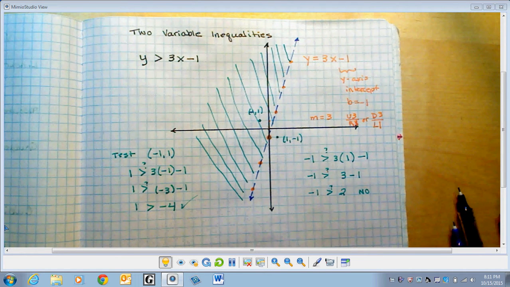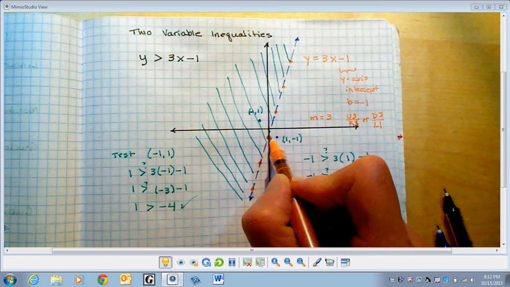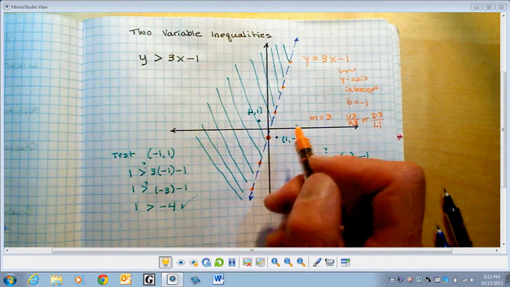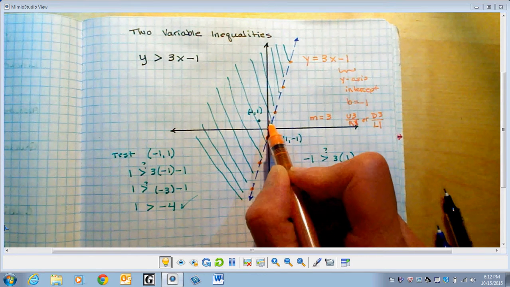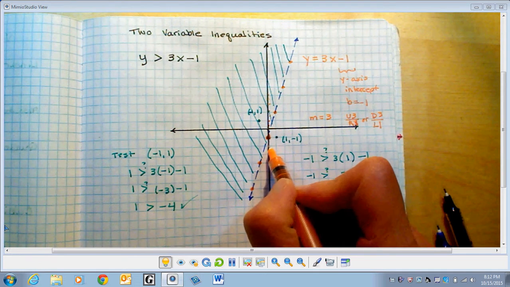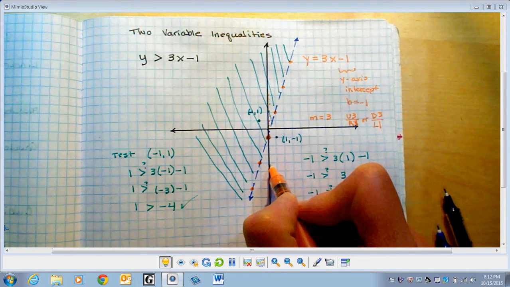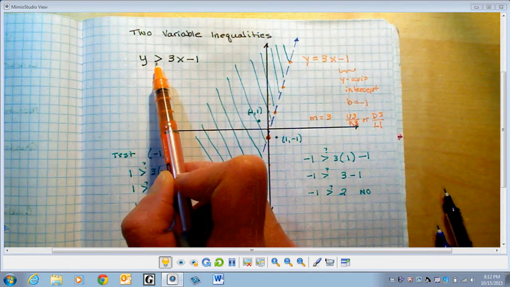Another way of thinking about this is, let's go to my y-axis, right here at my y-intercept. If I go this way, don't my y values get bigger? And if I go this way, don't my y values get smaller? So right here, where are y values bigger?